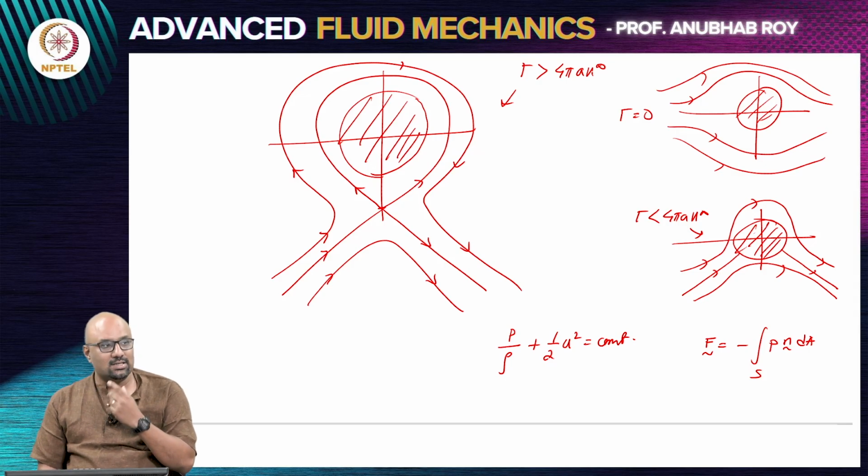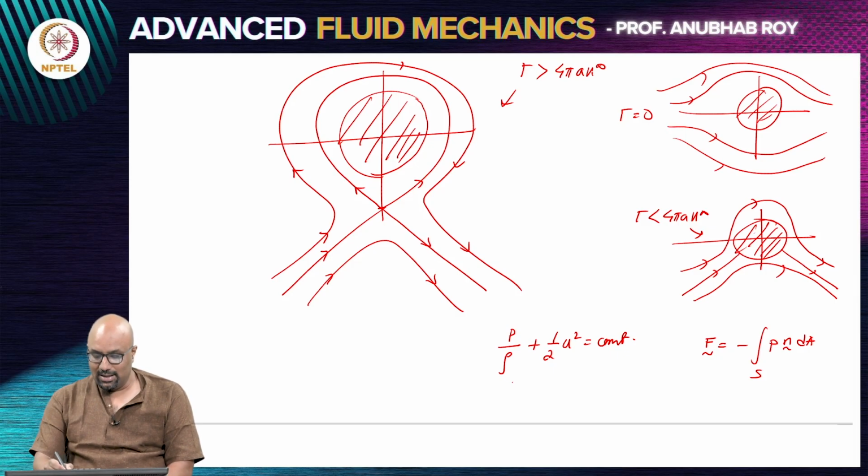Now, just because it is only pressure in your calculation of your force, one interesting aspect is, if you think about the combination of Bernoulli and this particular integration and the velocity field, you can start to think in terms of what would be your force before you do a calculation.